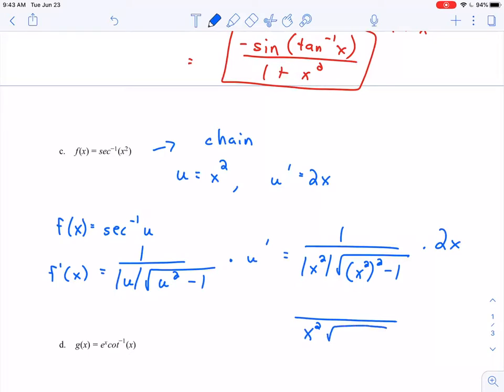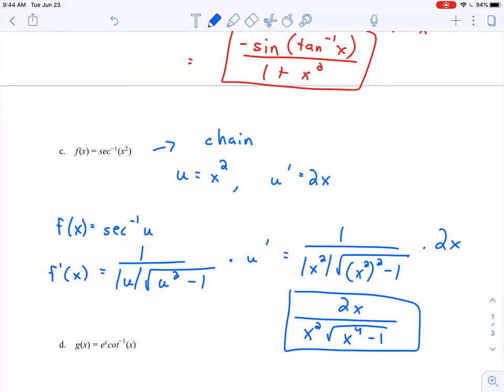In my denominator, I can also simplify this a little bit more. With x squared squared, I have a power raised to a power, so I will multiply those two. 2 times 2 gives me 4, so I will have x to the 4th minus 1. And then 1 times 2x, I can multiply those two to get 2x in my numerator. And hey, there's my answer.